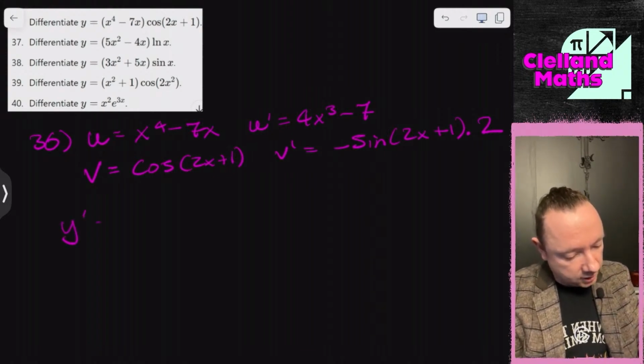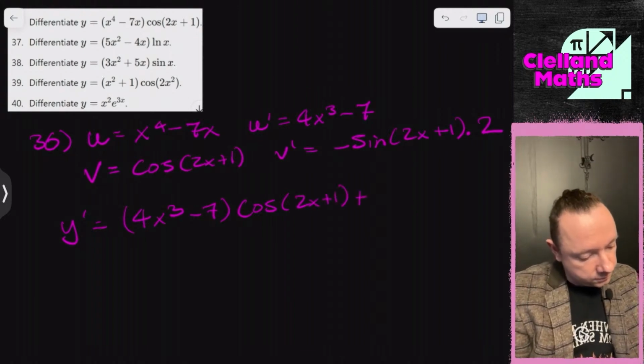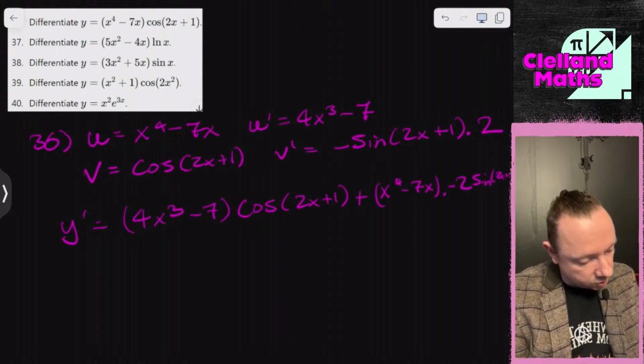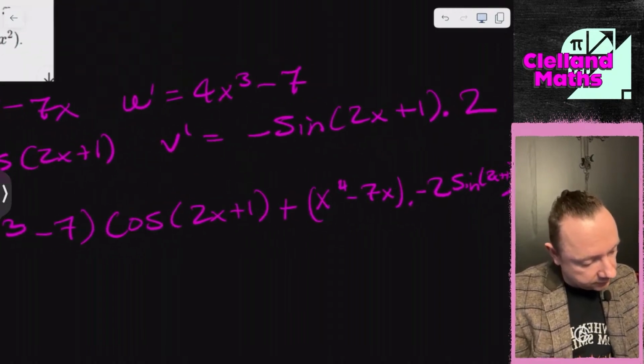So y dash is equal to (4x cubed minus 7) cos(2x plus 1) plus u times v dash, which is minus 2 sine(2x plus 1). Hope you can see that there.